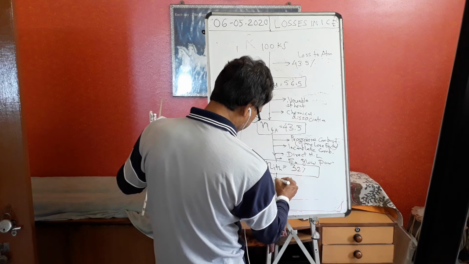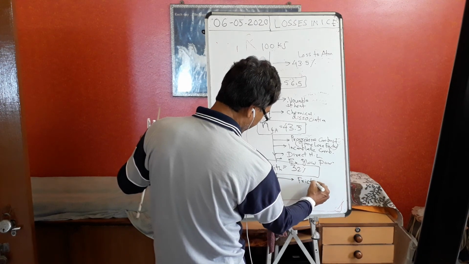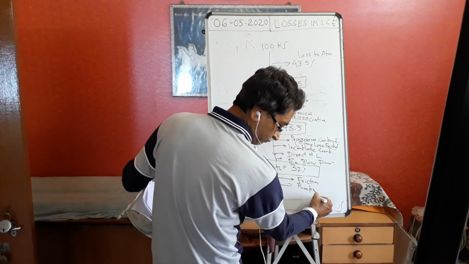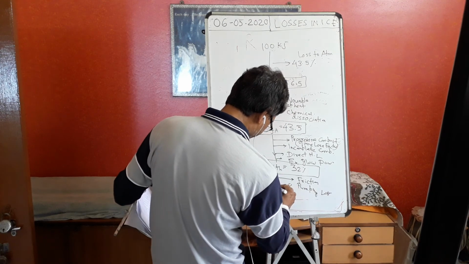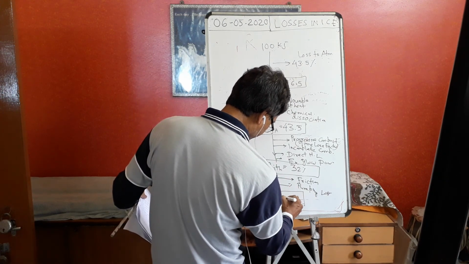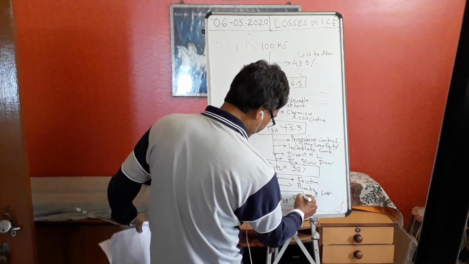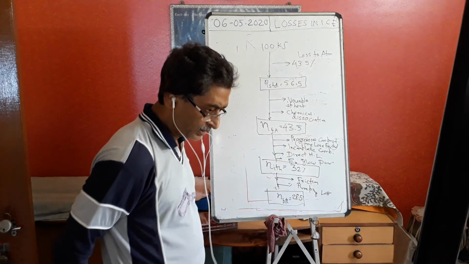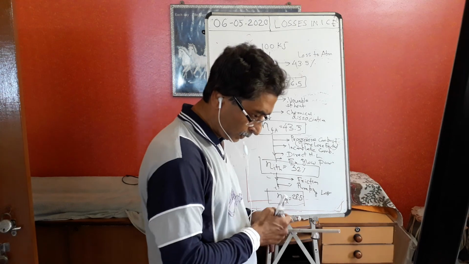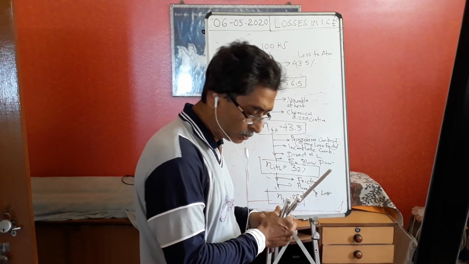Then again we deduct friction loss and pumping loss, and we get the brake thermal efficiency, which is our desirable final brake thermal efficiency, 28.5. So this is the whole set of different losses we discussed today. Now, any doubt here? Let us take some minutes for clarifying doubts. Is there any doubt?